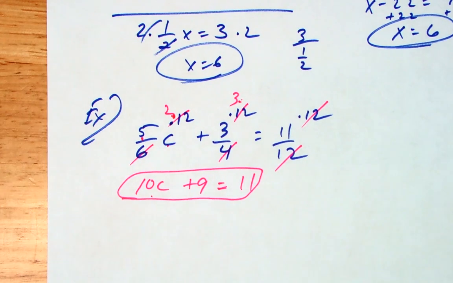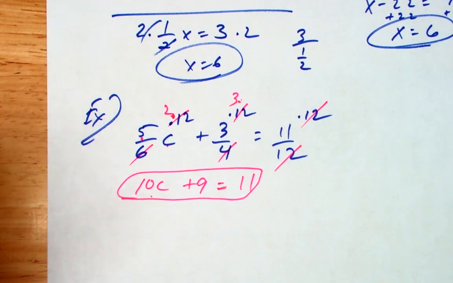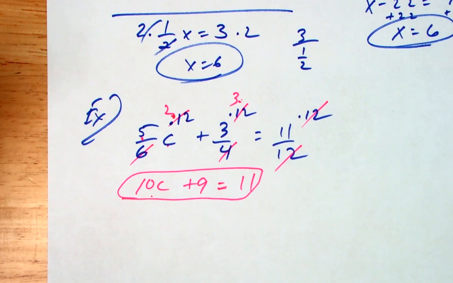Solve it. Show me your answer. Good. Wonderful. Solve it. You're going to have to subtract the 9. You divided the wrong side.